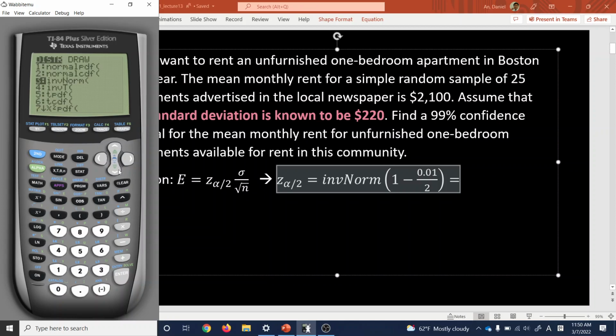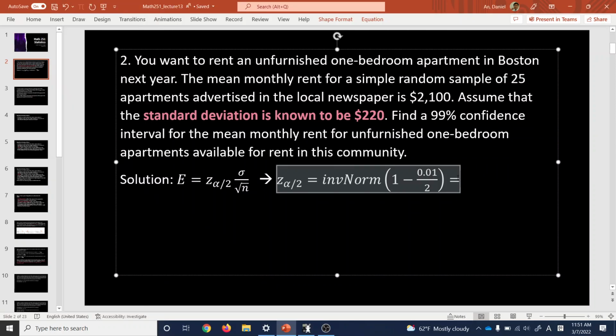You can also use your table. I just have to change this one to 1, and that's it. Enter, enter, enter. And that gives you 2.576.